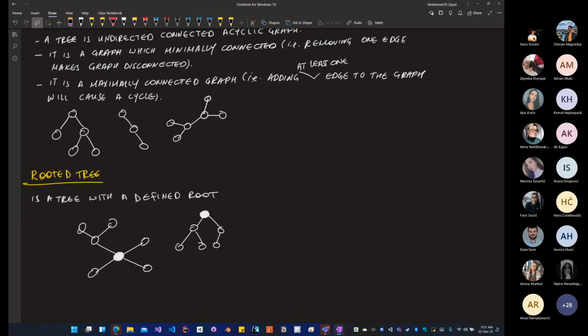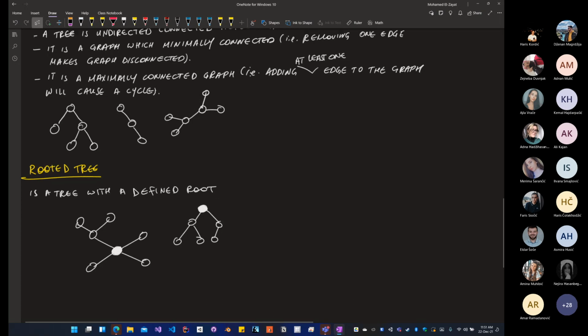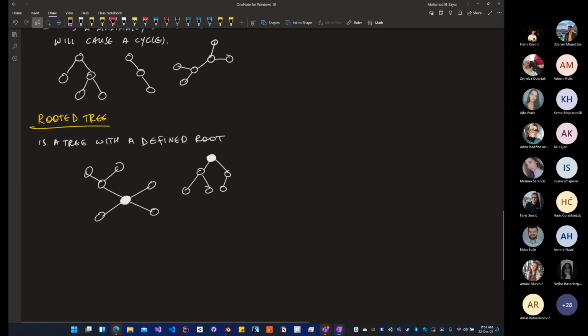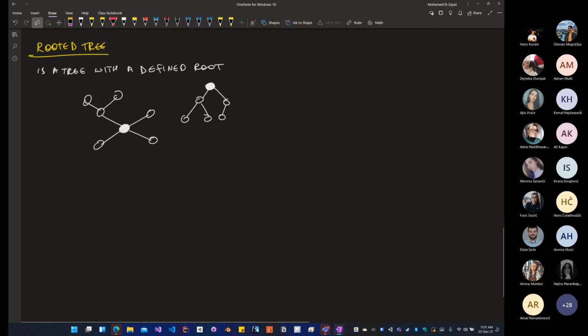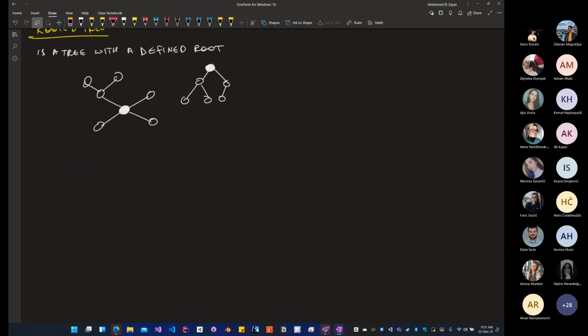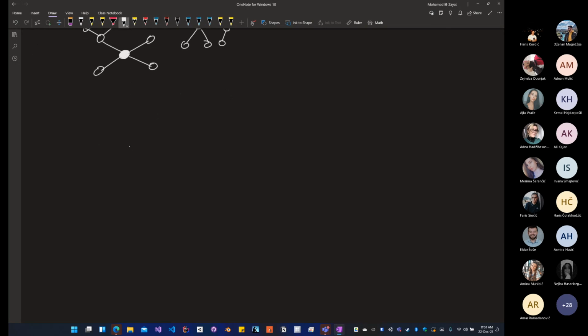I'm mentioning this right now because of the data structure which we need to discuss. So if you have a map of a city where you have city blocks, right? And you have this building, this is another building, and there's another building, and you need to navigate through a city.